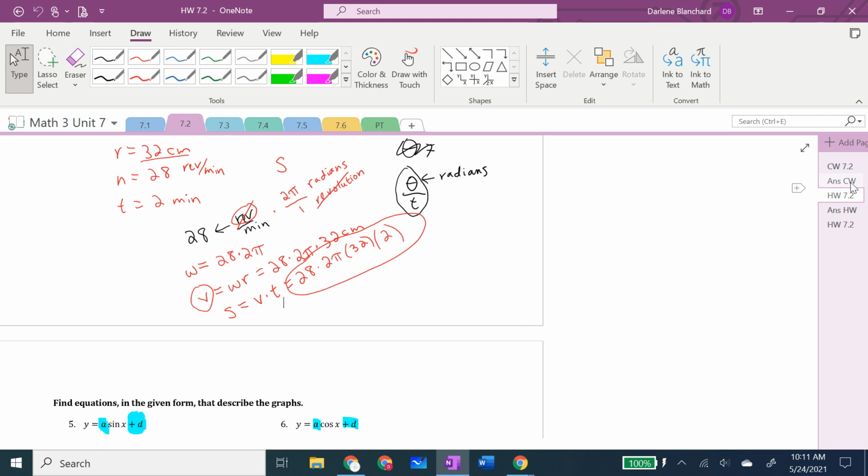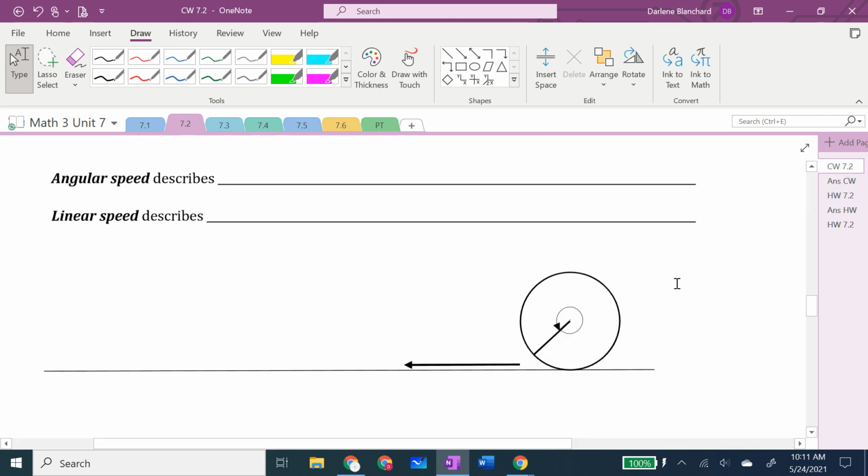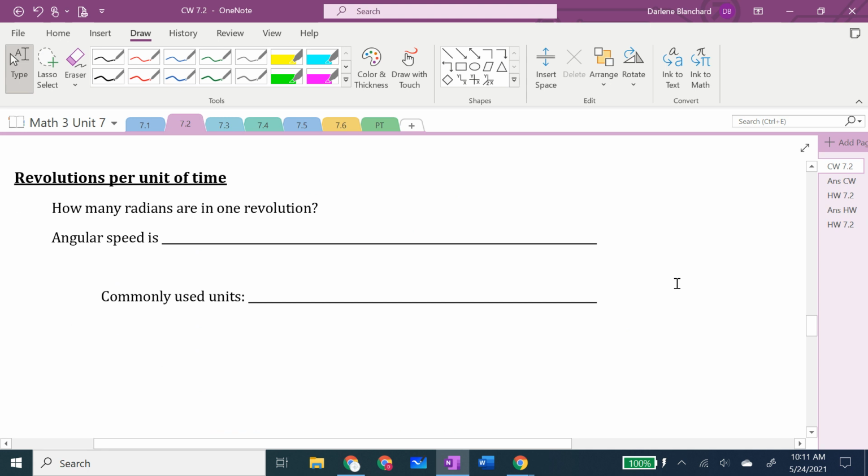Okay, now, example. Nope, not ready for an example yet. I forgot, I had more. Okay. So, how many radians are there in one revolution? That is my first question here. In other words, if you make one full rotation, how many radians do you have there?